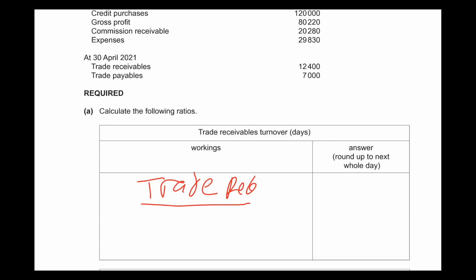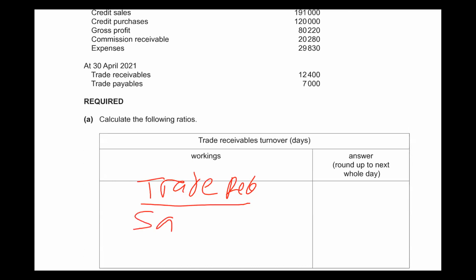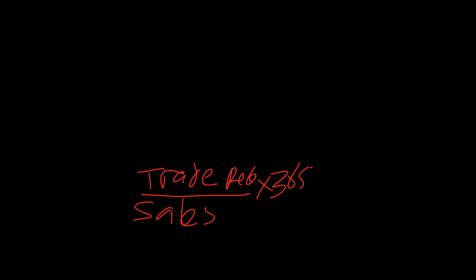The credit sales, the trade receivables divided by the credit sales, then multiplied by 365. If you write the correct formula, you get 1 mark. So we just now substitute into the formula.